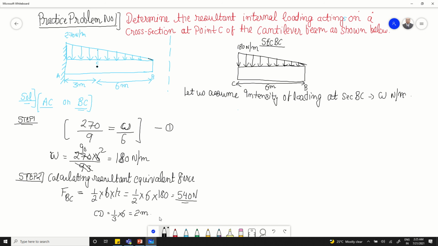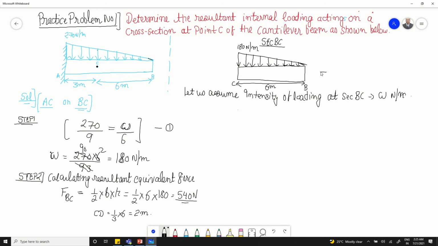I am assuming you already have basic knowledge of linearly distributed loading and how we convert this type of loading into an equivalent single load which passes through a point we often refer to as the centroid. So from C, this 540 Newton will act at a distance of 2 meter.